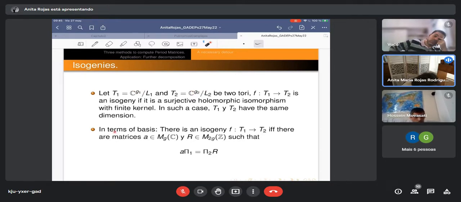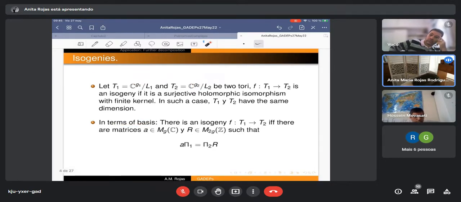In terms of bases, which is the way that we are going to be dealing with these objects, the isogeny is captured by a couple of matrices, A and R, where A is a g times g complex matrix, and R is a 2g times 2g integral matrix, such that the period matrices of both tori are related like that.